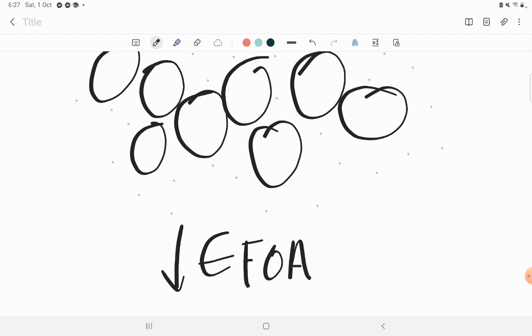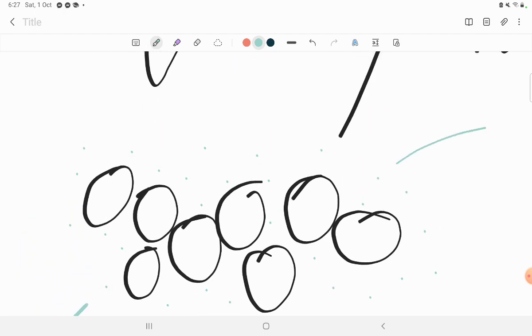So when the EFOA is now weaker, what do you think will happen to the electrons? That's right, the electrons will now move further away from one another. Maybe because of diffusion, maybe because they don't like each other. That one I'm not really sure.